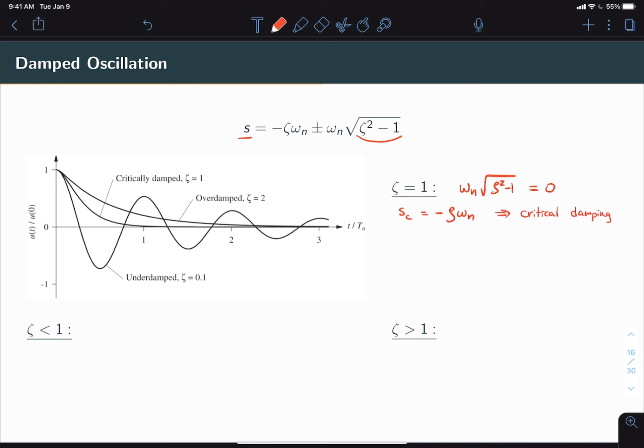And we define the critical damping coefficient as 2m omega n. Notice that by plugging in this coefficient, we always get a zeta equal to 1. And the solution in this case is some constant coefficient times e to the negative zeta omega n t.